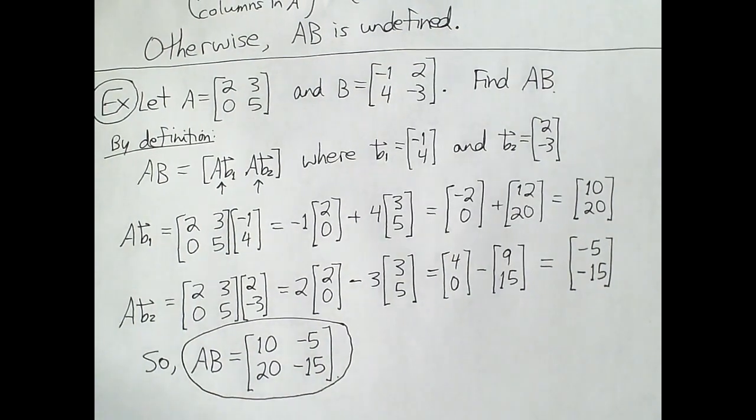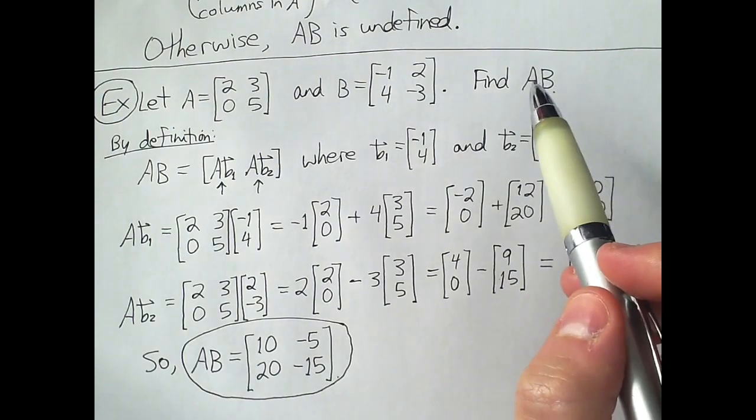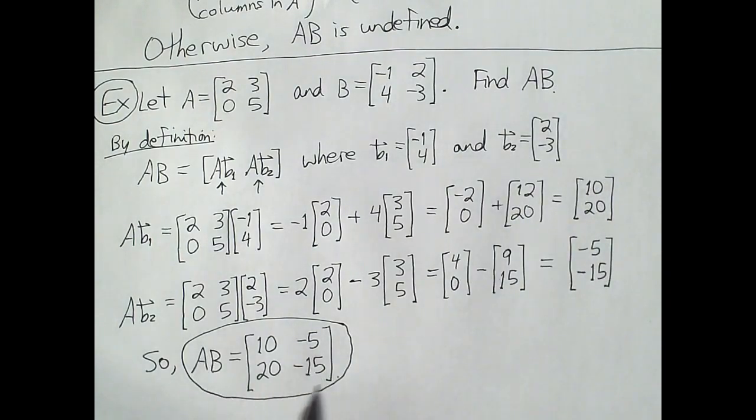And that's the answer. So it was just like 2 problems in one, 2 matrix times vector problems. So we did a 2x2 matrix times another 2x2 matrix. And the result was a new 2x2 matrix.